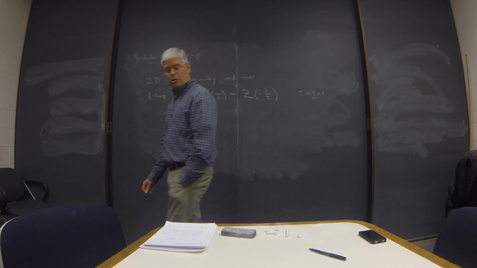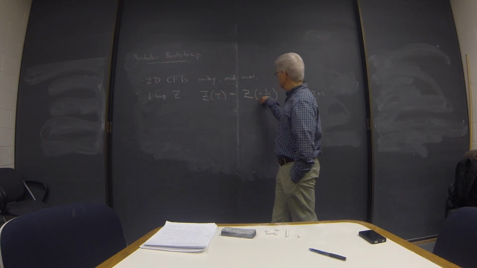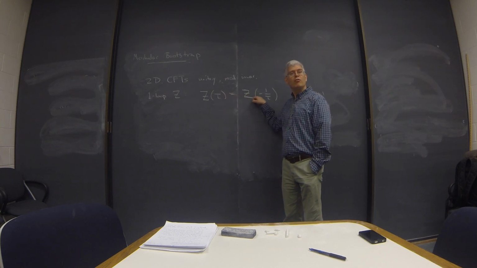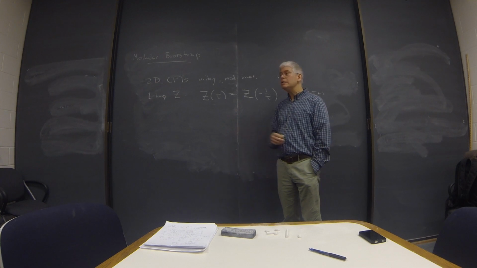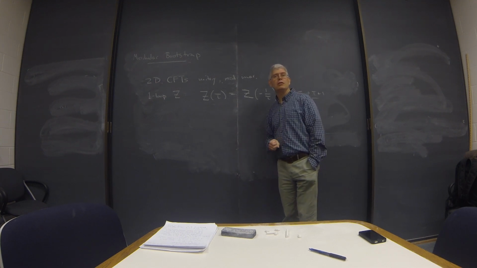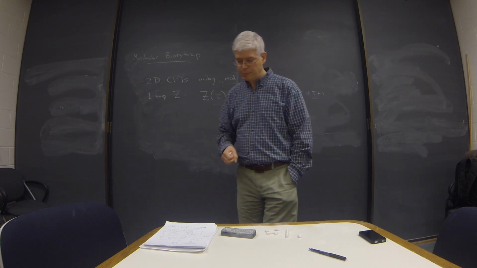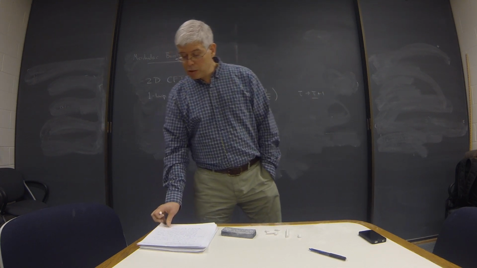And we're going to have 2 different expressions for the partition function. We're going to set them equal to each other, and we'll get equations which are reminiscent of the equations that crossing symmetry gives us between S and T channels of 4-point functions. And we'll use these in the same way.